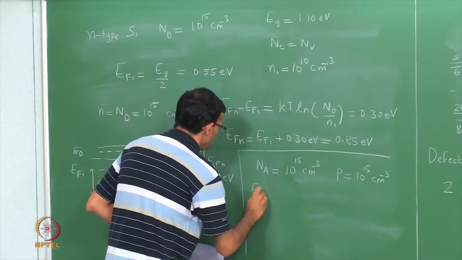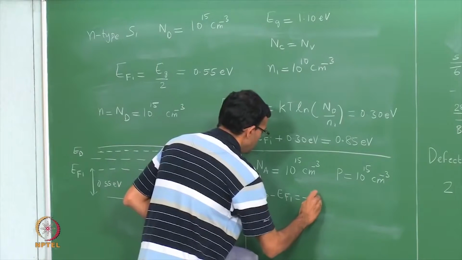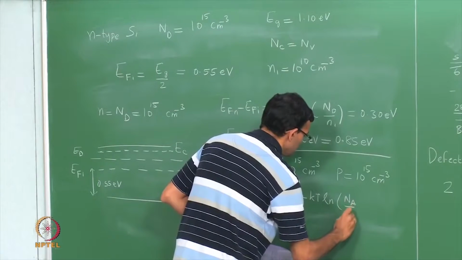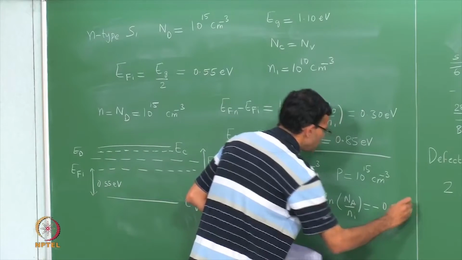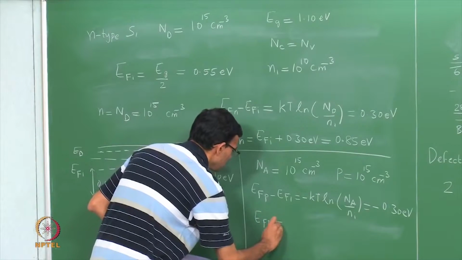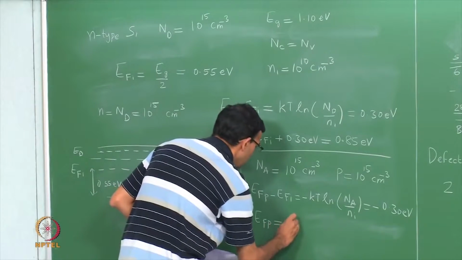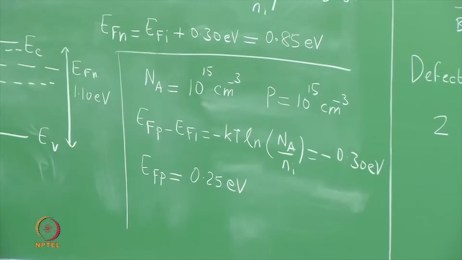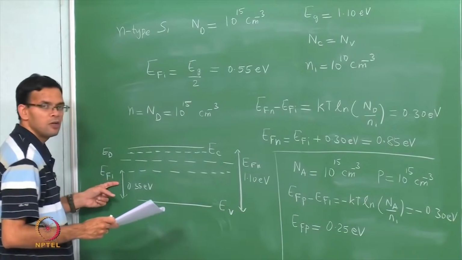Your equation becomes EFP minus EFI is minus kT, which is minus 0.30 electron volts, or EFP is 0.55 minus 0.3, 0.25 eV. So, in the case of a p type semiconductor, you have the Fermi level located below the intrinsic level.